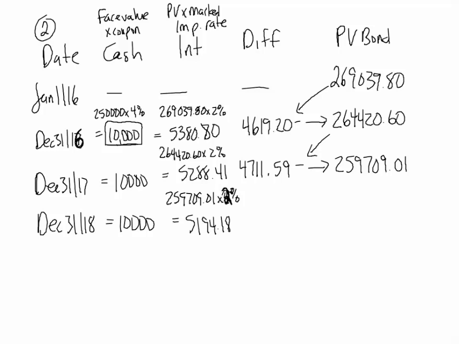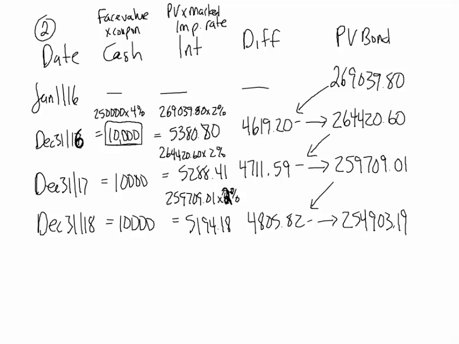Does everybody agree with that? Excellent. Then the present value is going to go down by 4805.82. And if I take that and subtract it from the present value, that is going to be equal to 254,903.19.